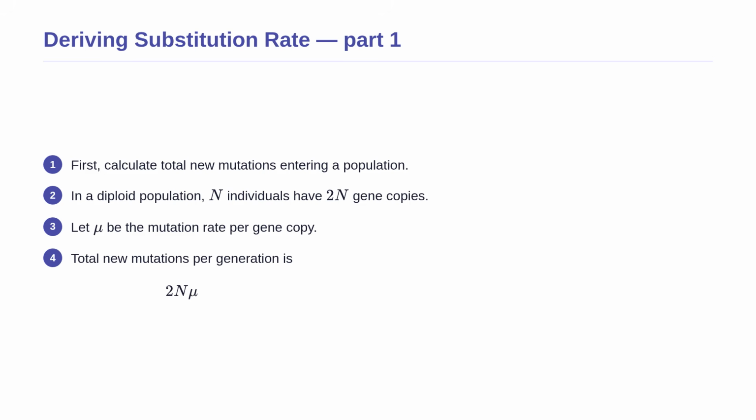We multiply this total number of gene copies by the mutation rate, mu, which is the chance of a single copy mutating. This gives us the expression 2 times N times mu. This represents the total number of brand new mutations appearing in the entire population every generation. As population size increases, this number goes up because there are more individuals experiencing genetic copying errors.